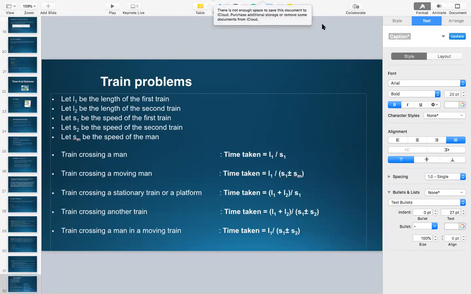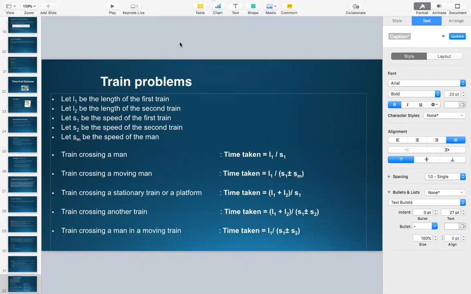Yes, Ashutosh, it will be L1 by Z plus X minus 1.